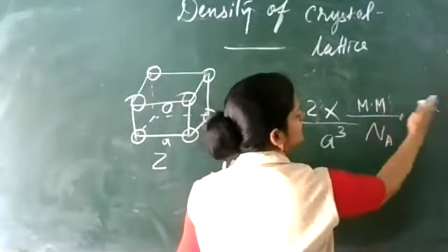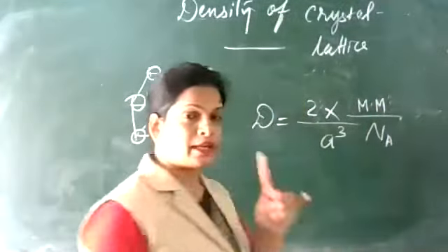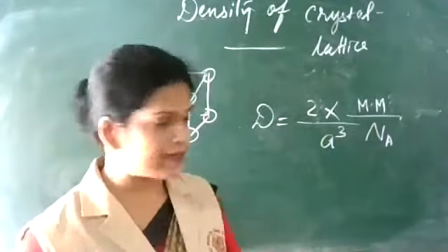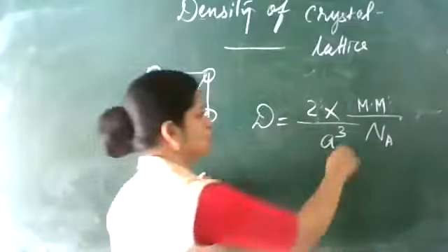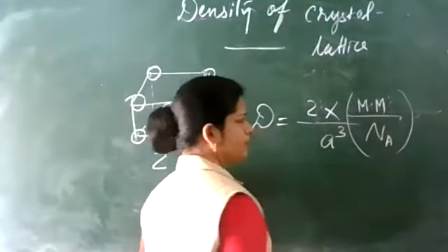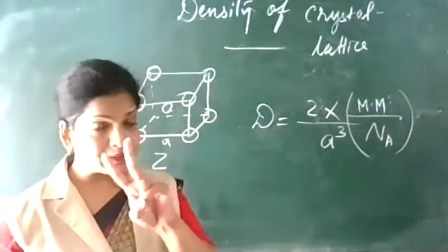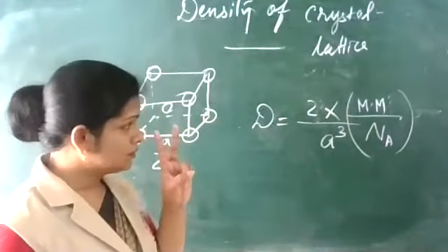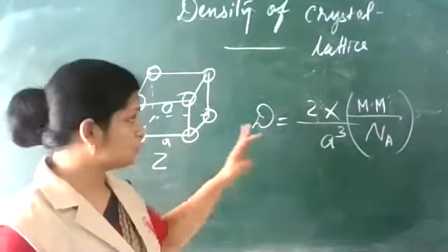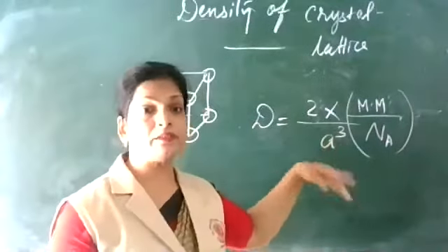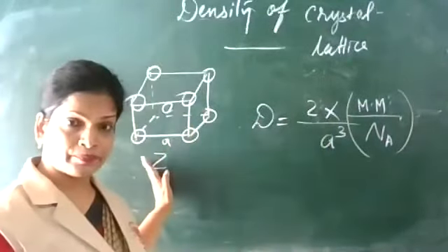Molar mass by Avogadro number will give you the mass of one atom. Like that, two atoms are present in this. So 2 into that mass is the mass of this unit cell.